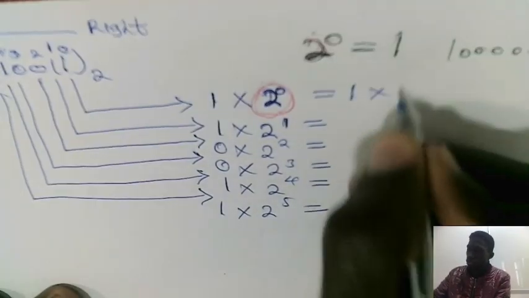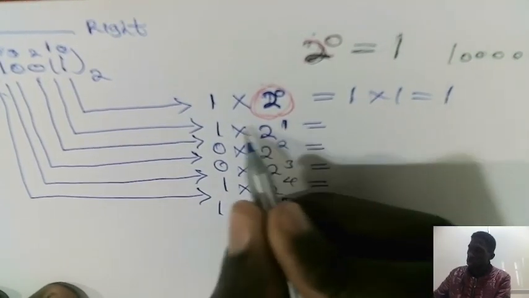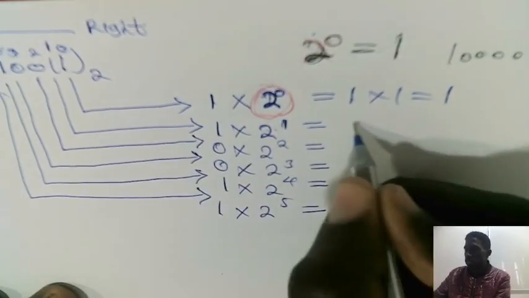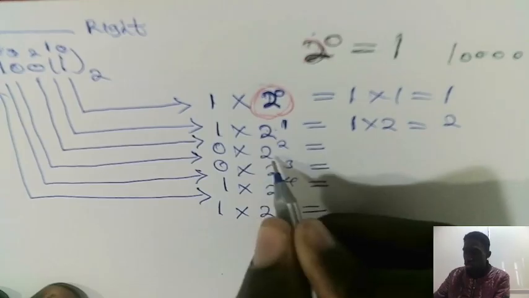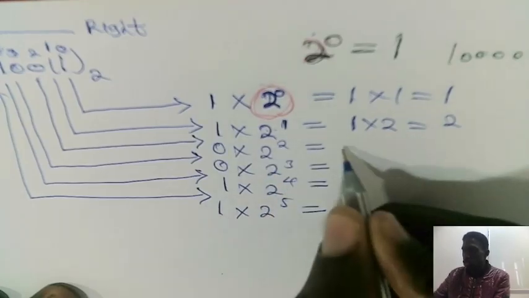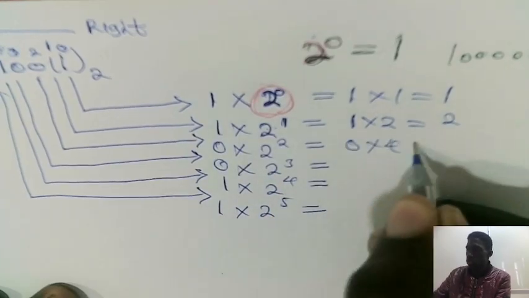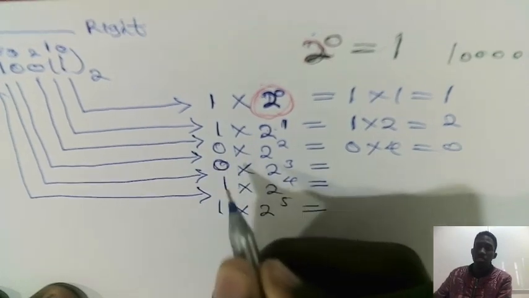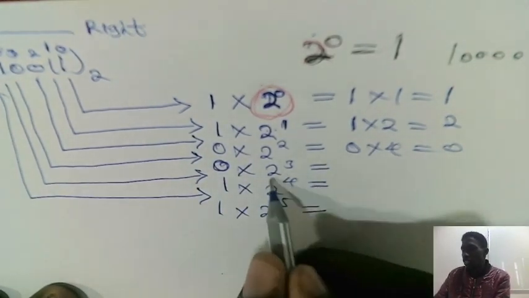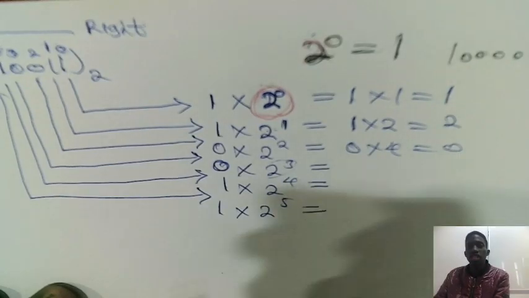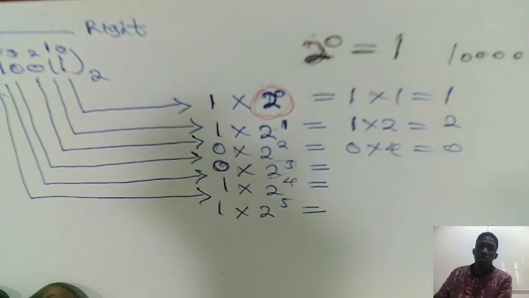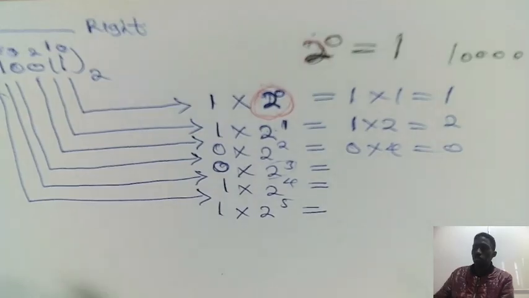So this gives us 1 times 1 is 1. 1 times 2 to the power 1, that's 1 times 2, which is 2. 0 times 2 to the power 2 is 0 times 4, which is 0. Any number multiplied by 0 is always 0, so we don't really need to evaluate 2 to the power of 3 because it's going to be multiplied by 0.